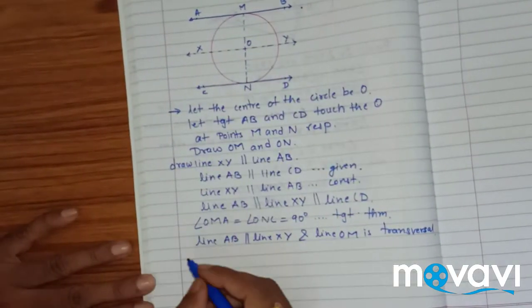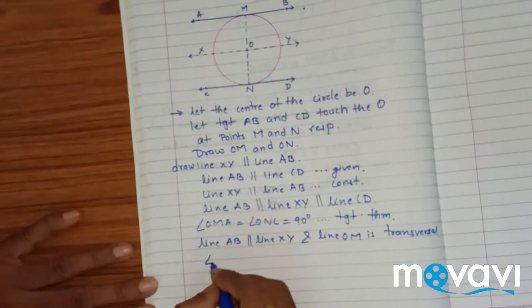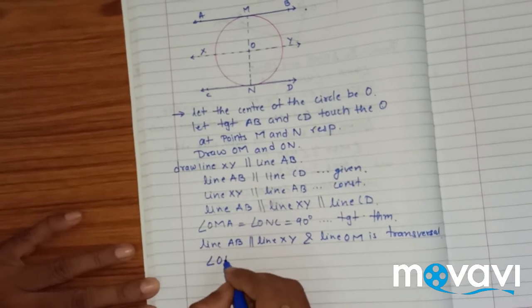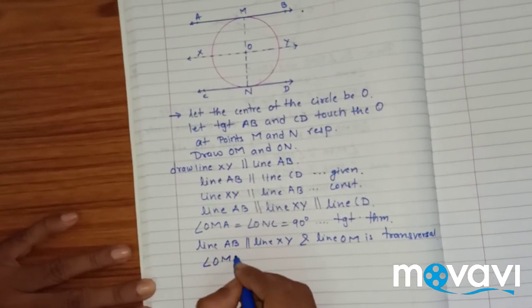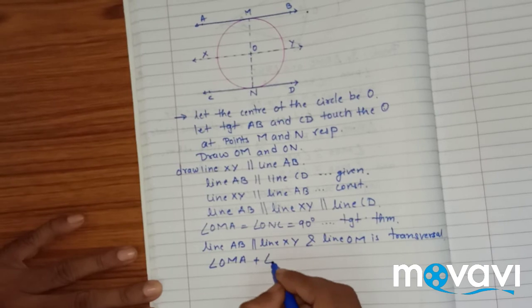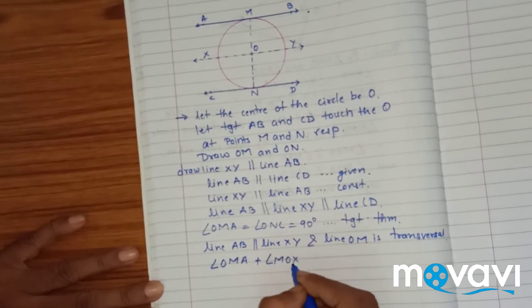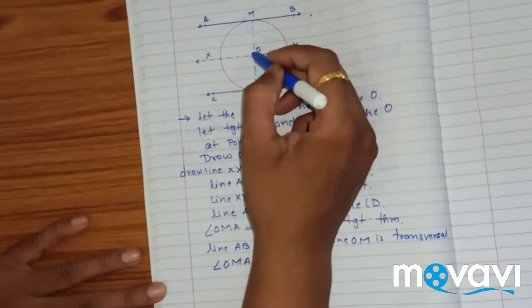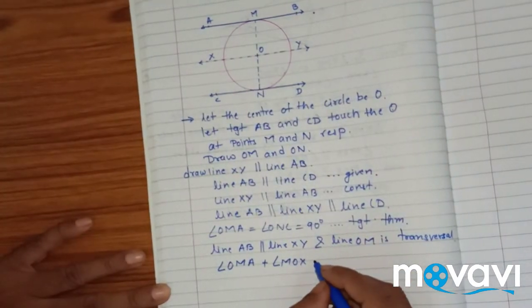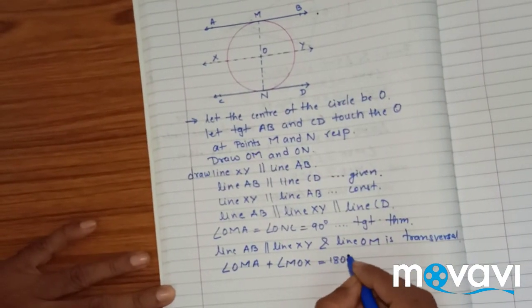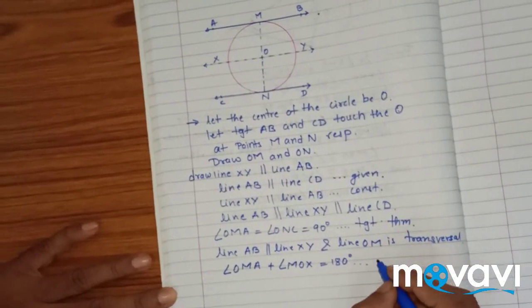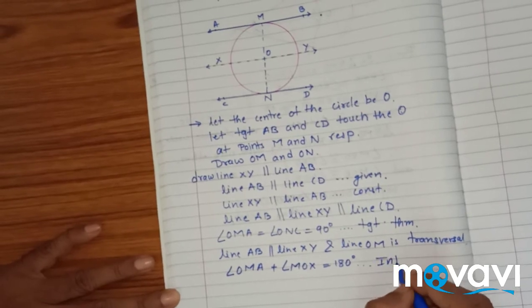Now in this, what we know is that angle OMA plus angle MOX is 180 degree. Why? Because they form a pair of interior angles.